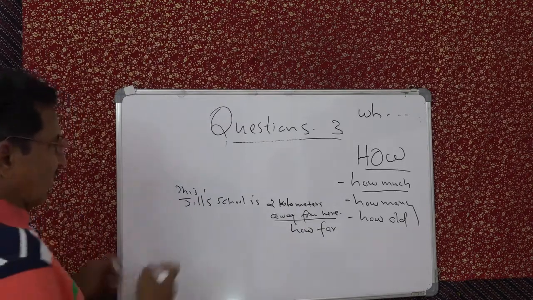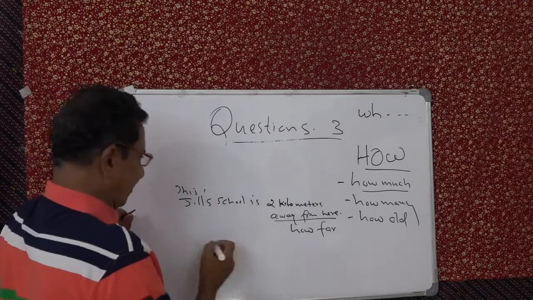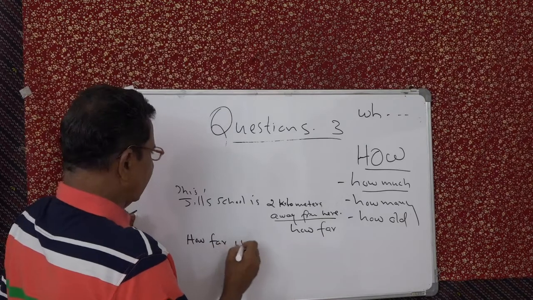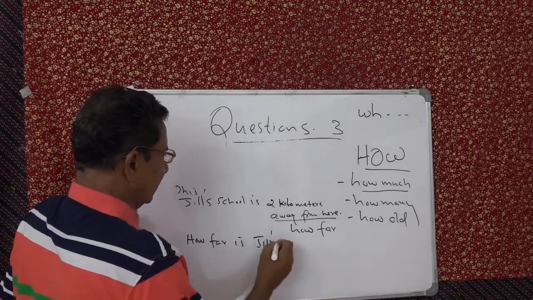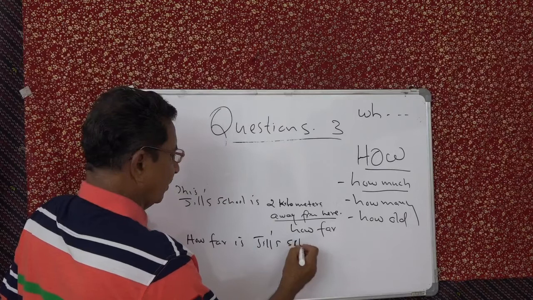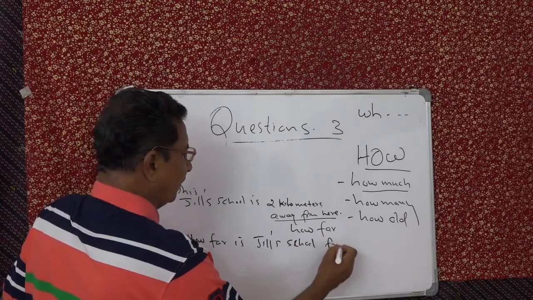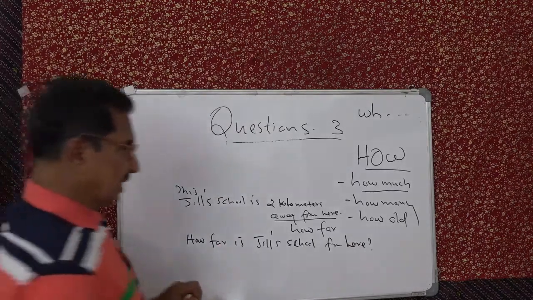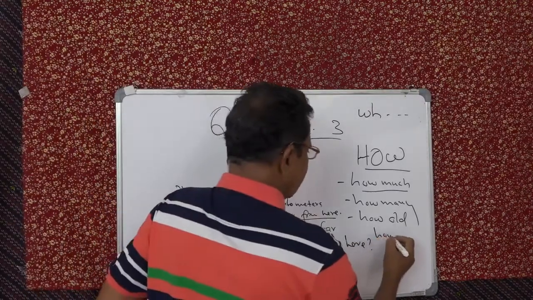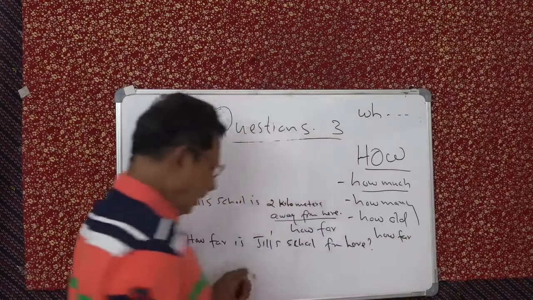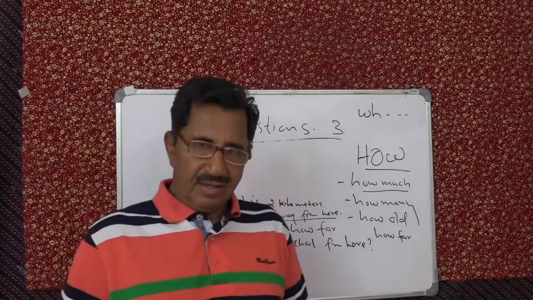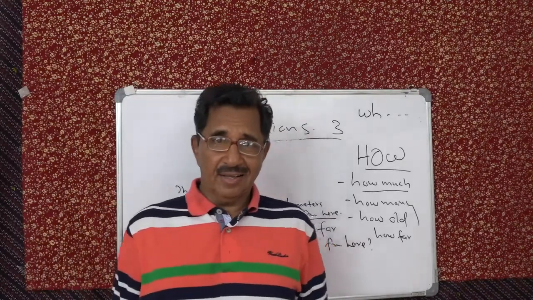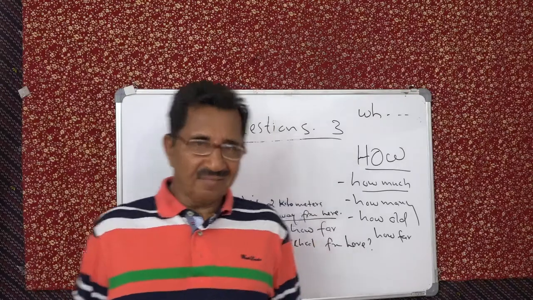That is it. So the yes or no question is, and the question word how. How far is Jill's school from here? That is how far, distance. That is for distance. How far is your home from here? How far is New York from here? Understand?